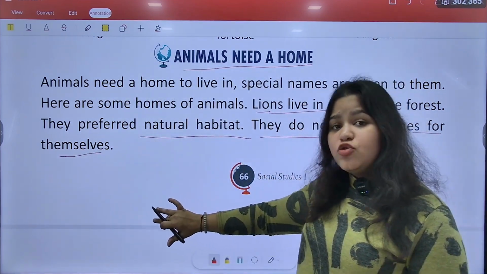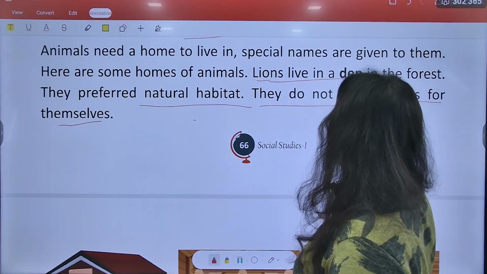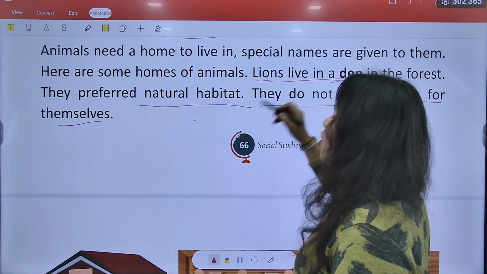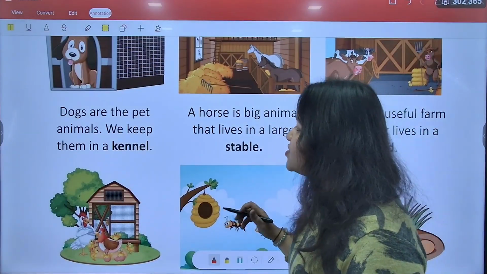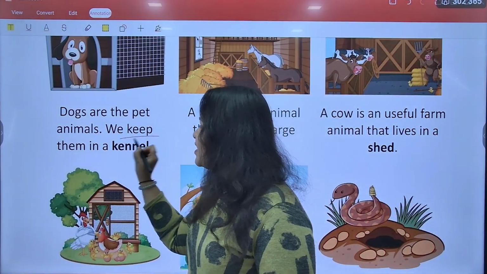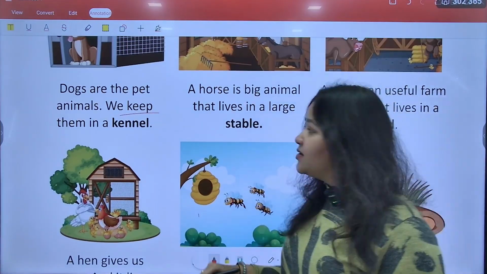Lions do not build their homes either, but they live in a natural habitat, and where they live is called a den. Dogs are kept in a kennel.